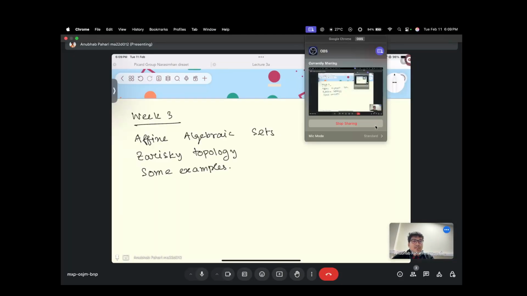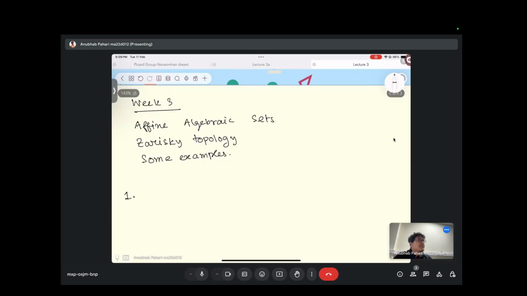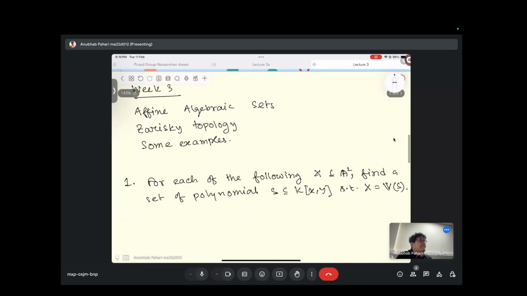So the first one will be: for each of the following X in A2, find a set of polynomials S in k[x, y] such that X equals V(S).